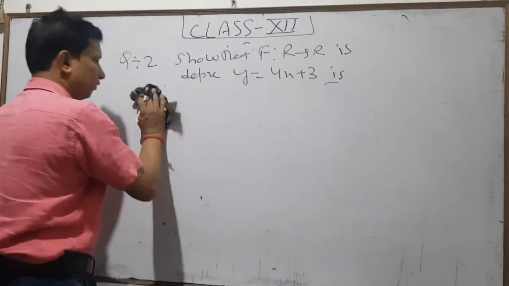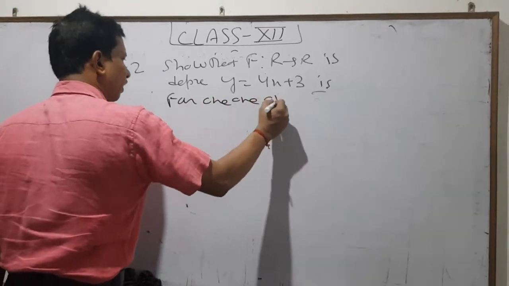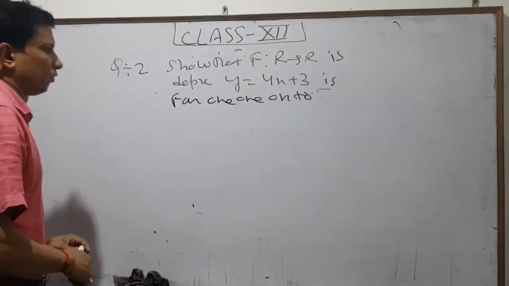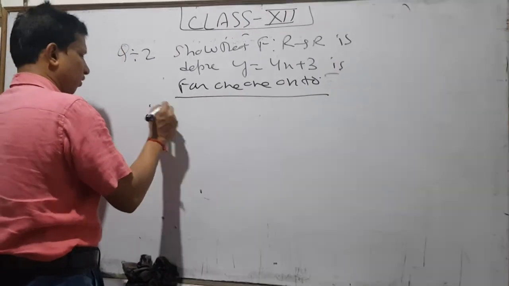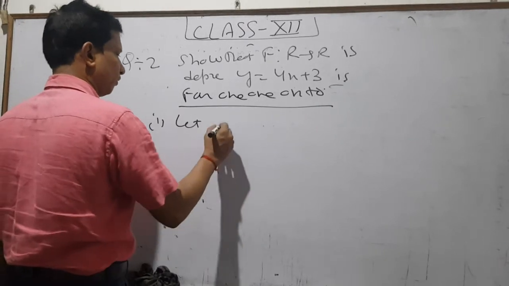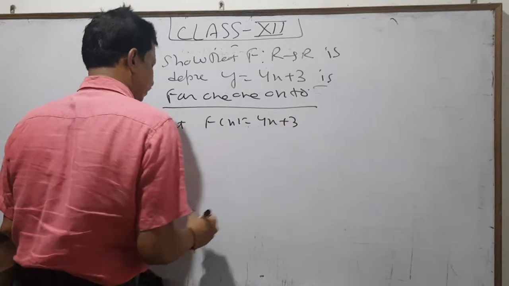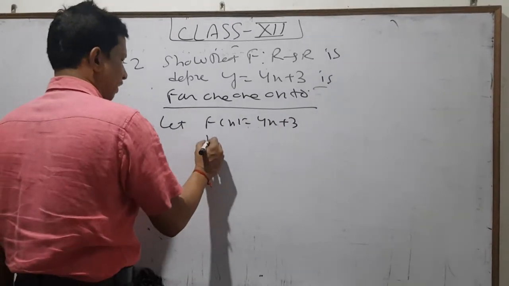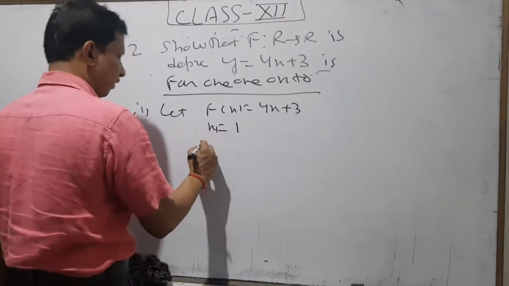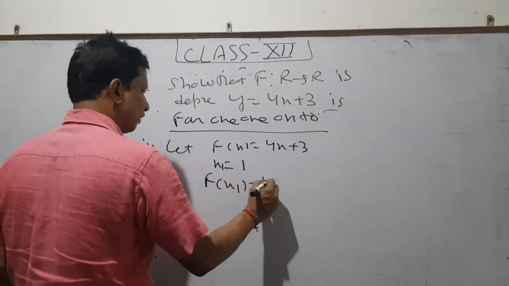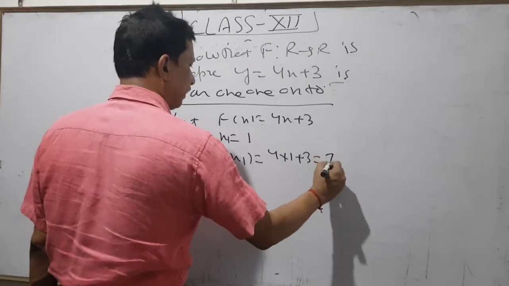First one, for one-one. Let f(x) = 4x + 3. If x1 is 1, then the value of f(x1) is 4 into 1 plus 3, that is 4 plus 3, 7.